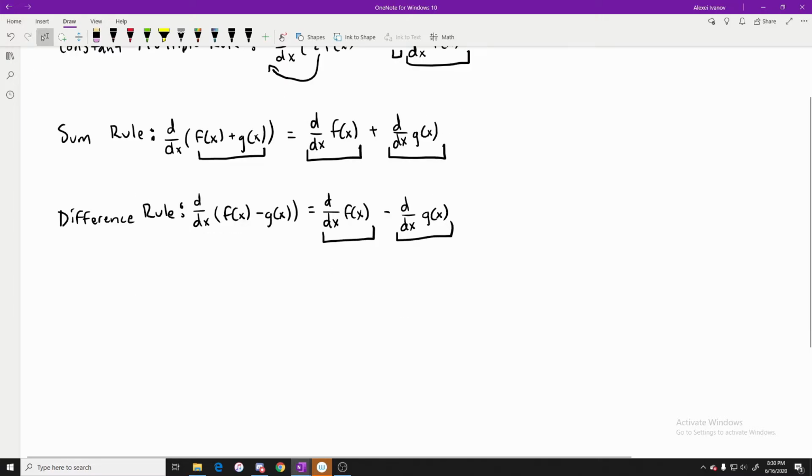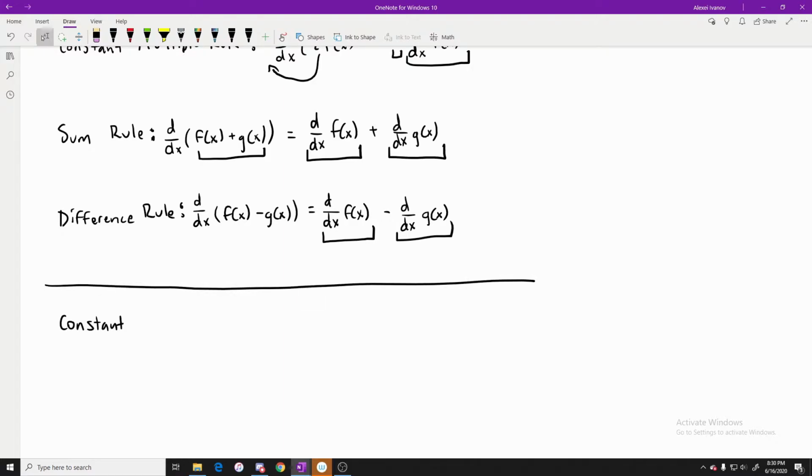So now on to the computing rules, since those were the simplification ones. Let's say we have a constant as our function. So if we have the function y equals c, where c is a constant, and we're asked to find the derivative of y with respect to x, x being the variable, this is going to equal just 0.